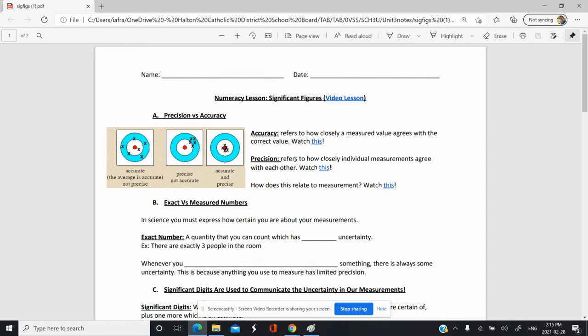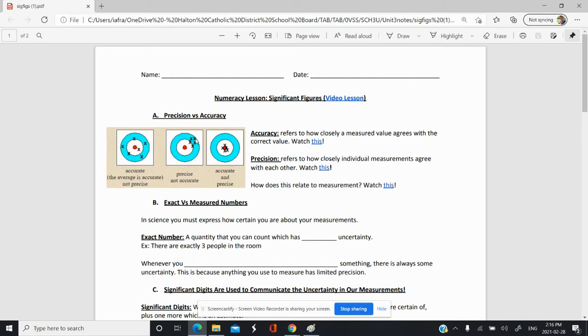So when you do a lab, you might mass something a few times, you might measure volumes a few times, you might do a few different trials. And so you'll notice over here that let's say all these X's on this picture are all different trials. They're all pretty close together. So maybe you had 23.1, 23.2, 23.3, 23.4, 23.5. These measurements would be considered precise because they're all very, very close to each other.